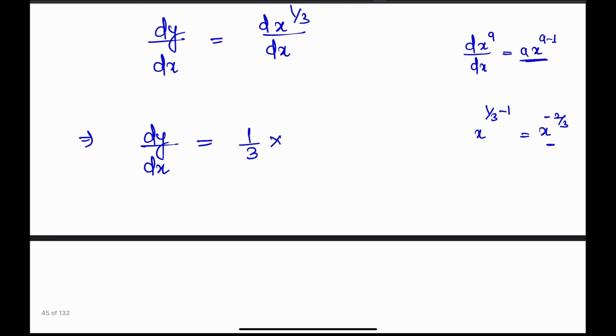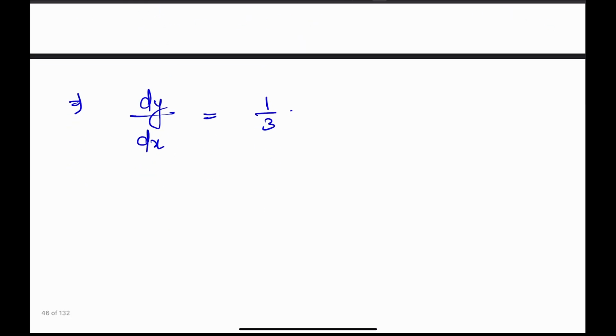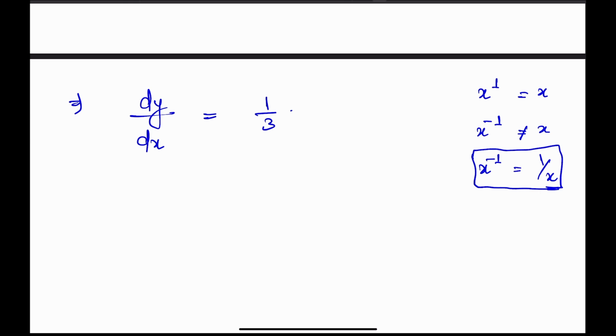And one thing: if x to the power 1, it will be x, but if x to the power minus 1, it won't be x. x to the power minus 1 will be written as 1 by x, the reciprocal. Remember this thing.